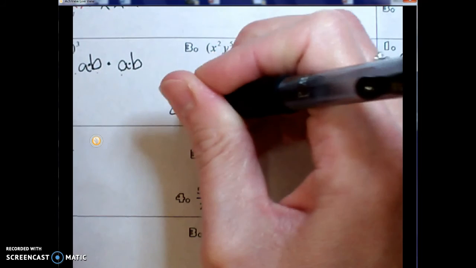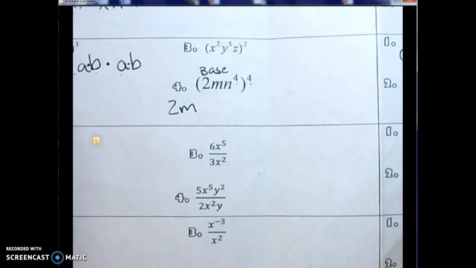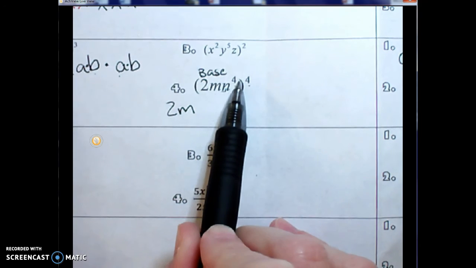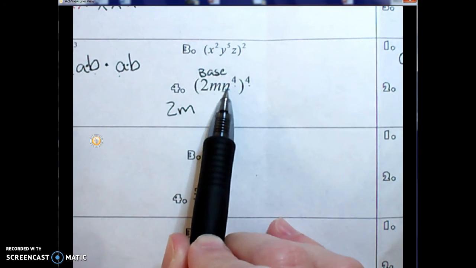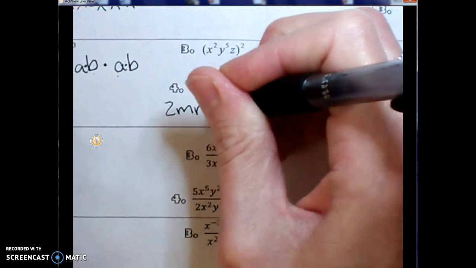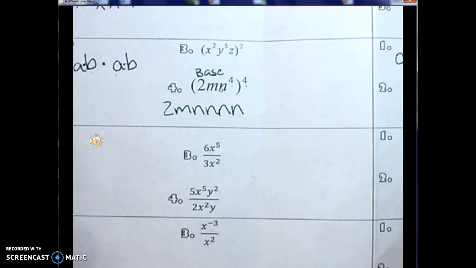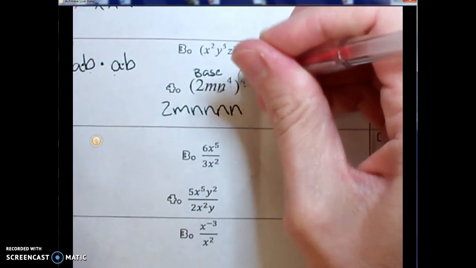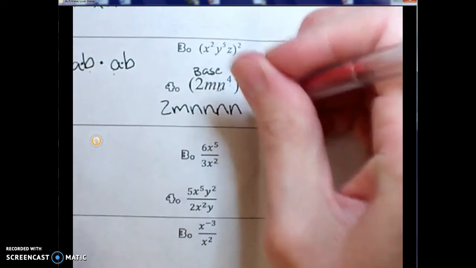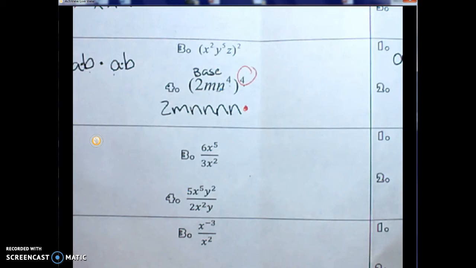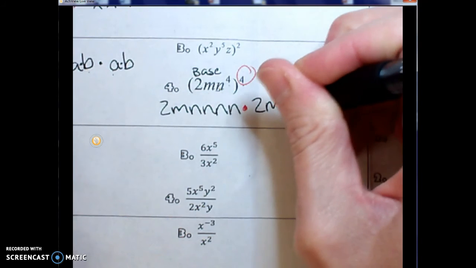I have 2m. Inside of my base, though, I have n to the 4th. So how many times do I actually have to list this n out? 4 times. So there's one base. We said this base has to be listed 4 times. So I'm going to multiply it with a second set. I have 2mn to the 4th.